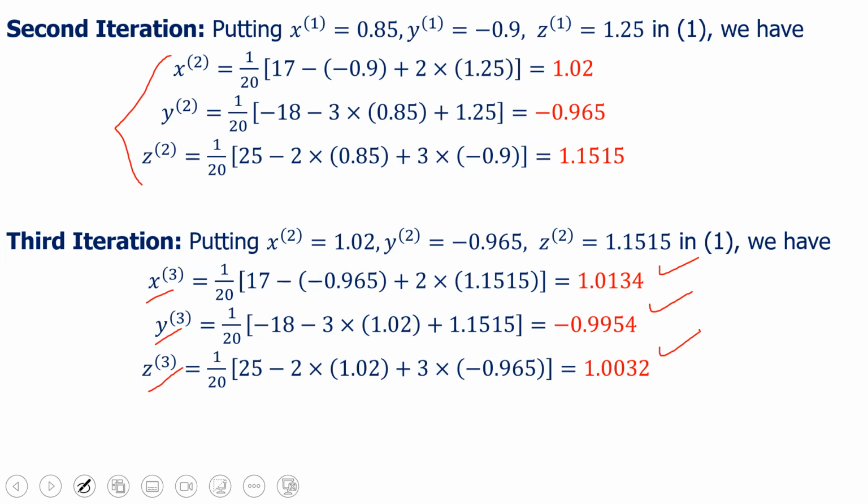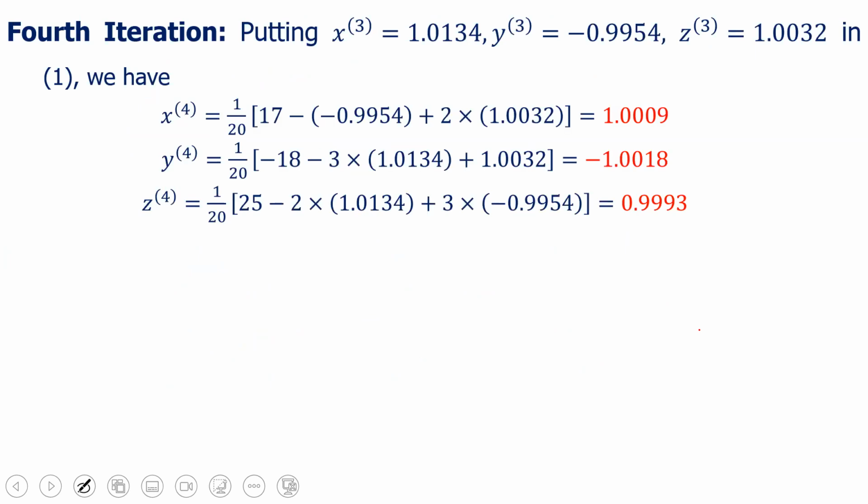Now let us go to the fourth iteration. In the fourth iteration, the values which we obtained in the third iteration will be the initial values, and they will be substituted again in equation number 1. We have these values of x, y, and z in the fourth iteration.